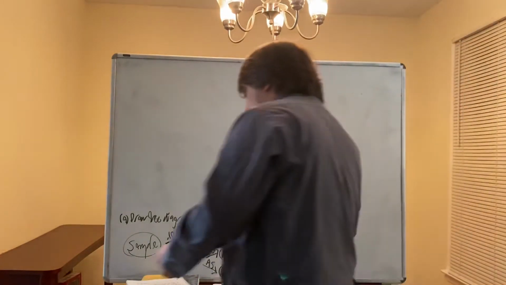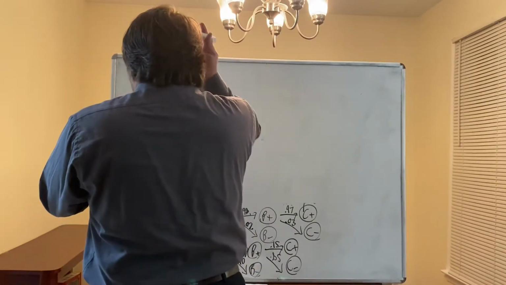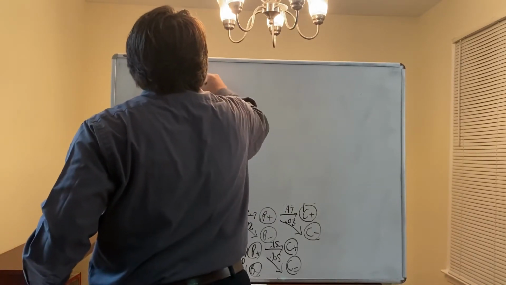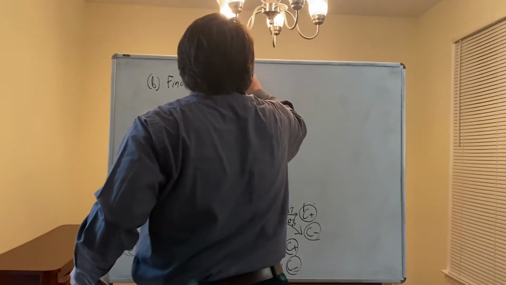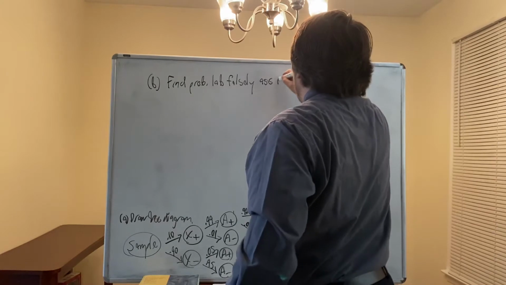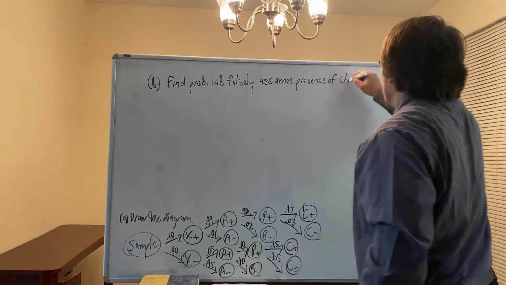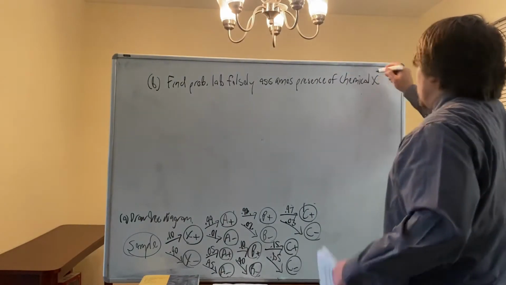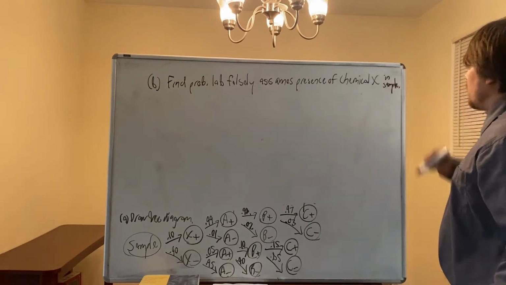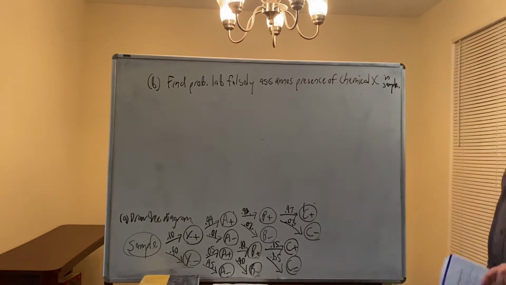So part B is: find the probability the lab falsely assumes presence of chemical X in the sample.